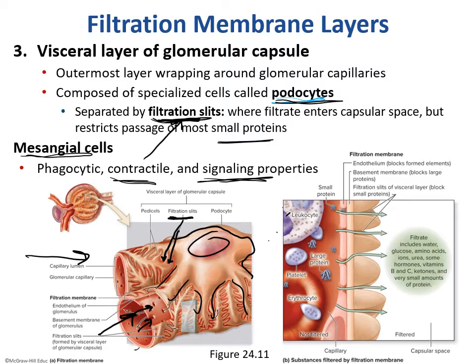So it's actually a really cool physiologic process, but you guys don't need to know the details of that. What you really need to know about this visceral layer of the glomerular capsule is that it's composed of podocytes that have those filtration slits that will block the passage of most of our small proteins.